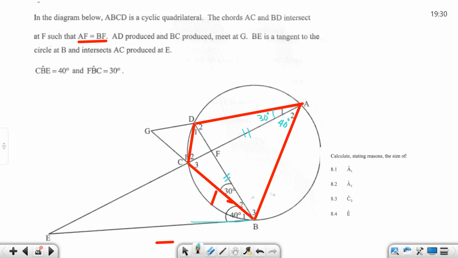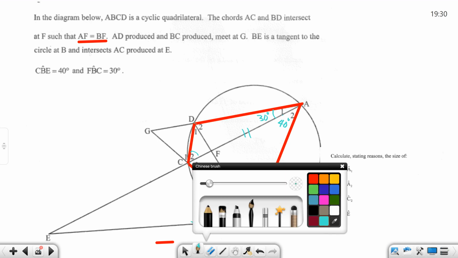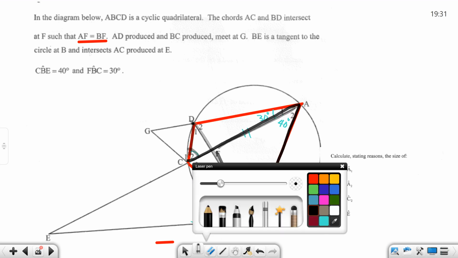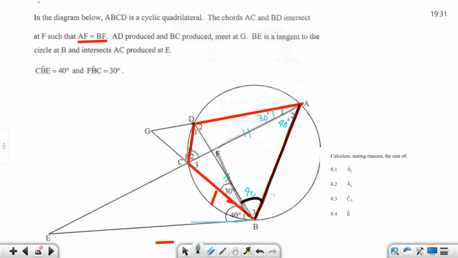All right. C2. Now, where does C2 come from? Trace it back. It comes from DA. Let me get a highlighter. C2 comes from DA, but DA goes somewhere else. If this side is equal to that side, then this angle here is equal to 40 degrees.